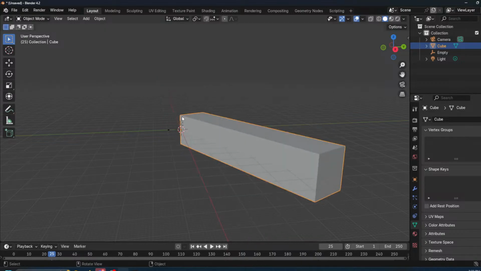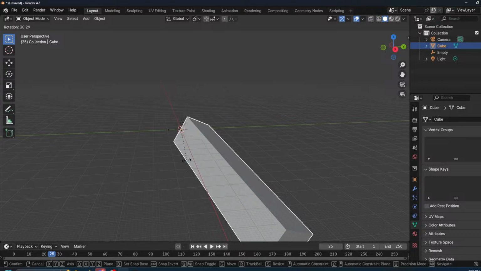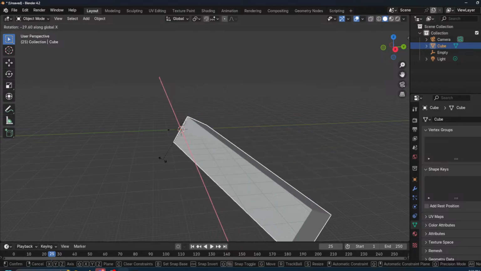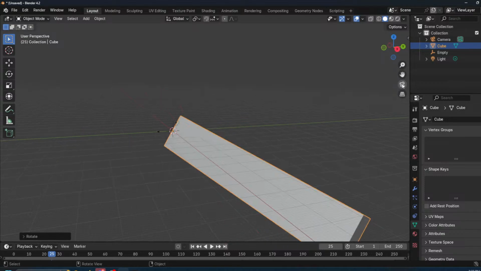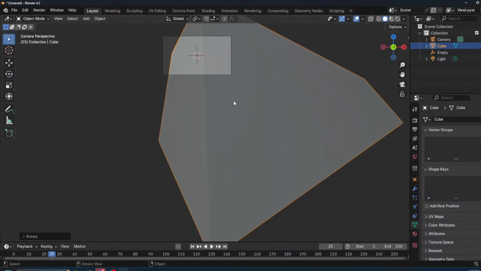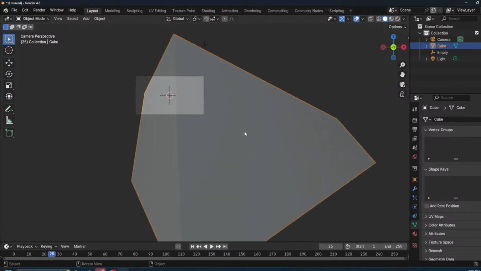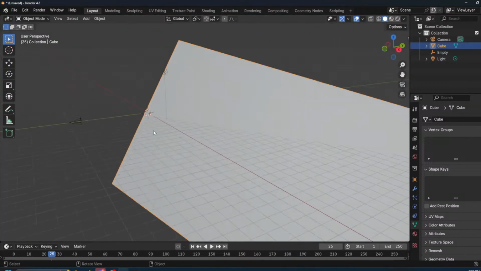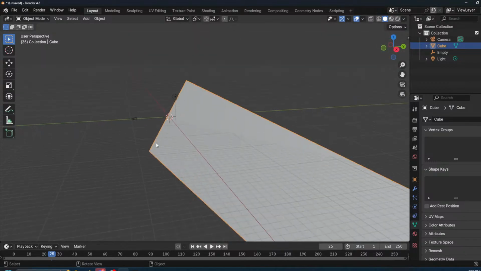So the top is now further away from the camera than the bottom. Now when I'm in the camera, you start to see another vanishing point. So it's all about the rotations from the camera, what is closer to you, what's further from you.